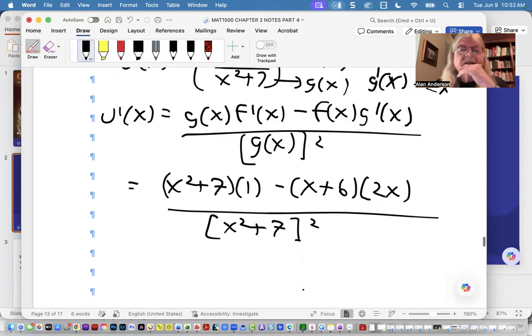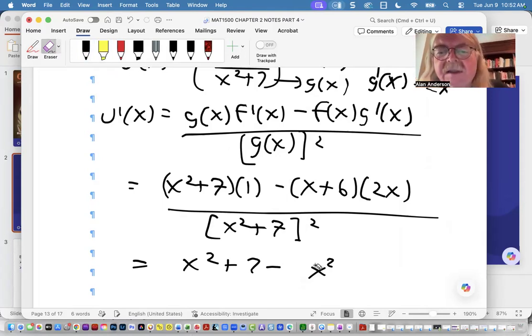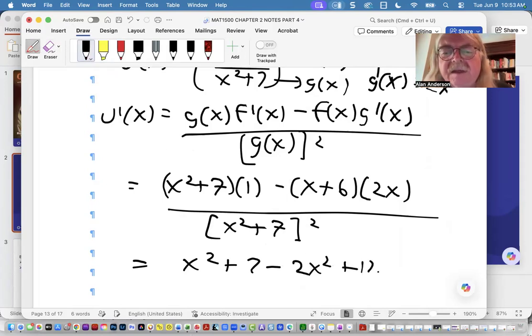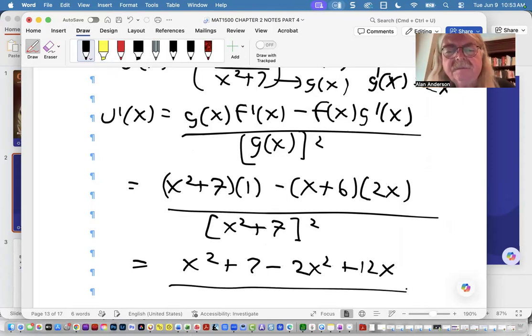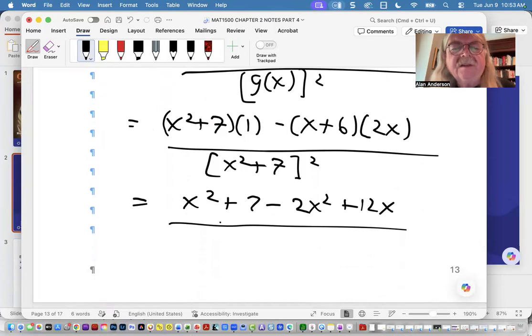All right, now we can consolidate this a little bit. Oops, sorry, that's not right. I'm looking at the wrong thing. It's minus 2x squared plus 12x. Now this stays.